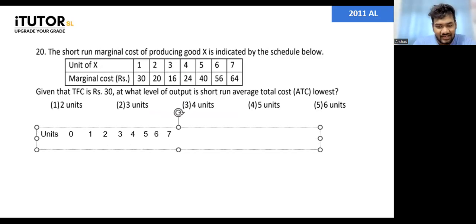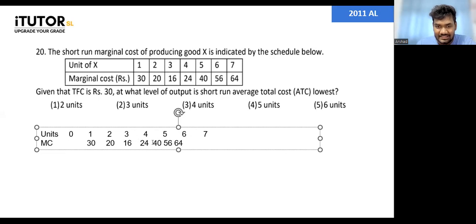Then they have given us marginal cost. That I'll also put here. They have said for the first unit marginal cost is 30, second unit 20, third unit 16, fourth unit 24, fifth unit 40, sixth unit 56, and the seventh unit 64. They have given us that information. Let me try and space this out a little bit more. Okay.